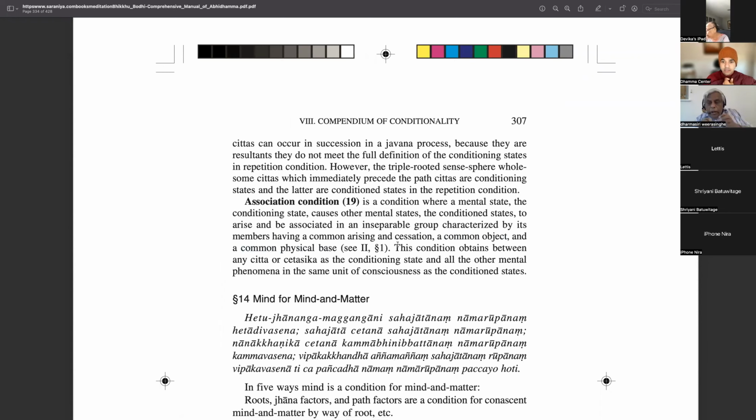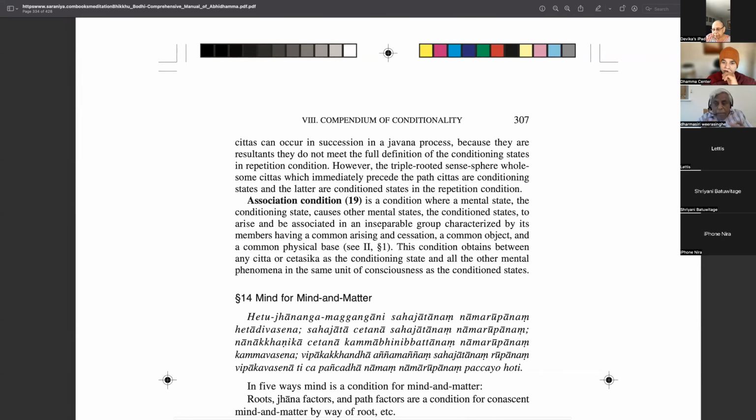Bhante, the way I understand it, it's lumped. Take for example the very first Sobana chitta. It has 38 chaitasikas.